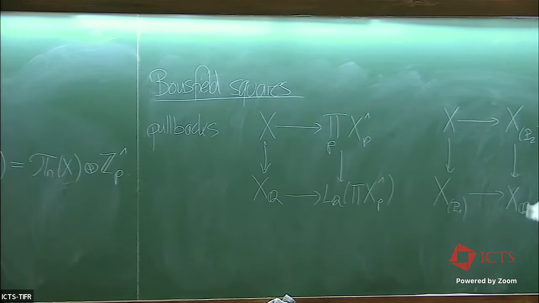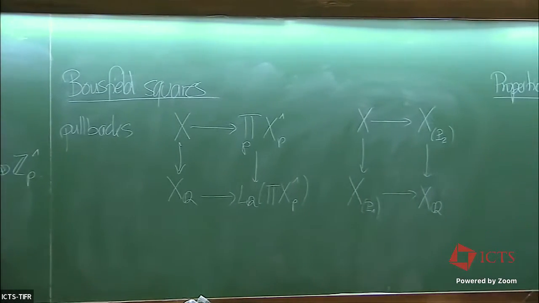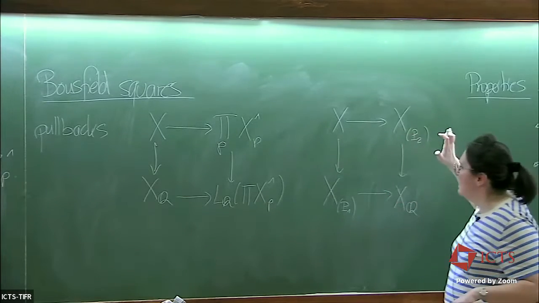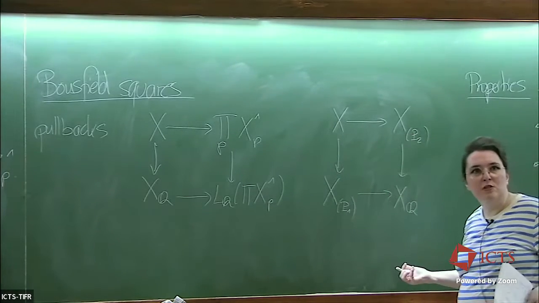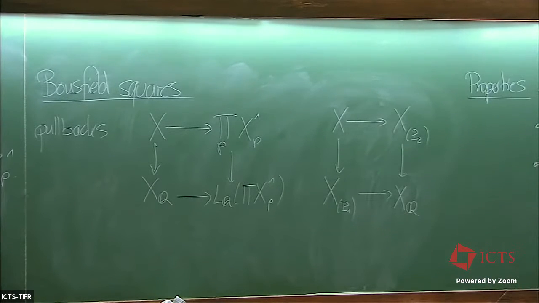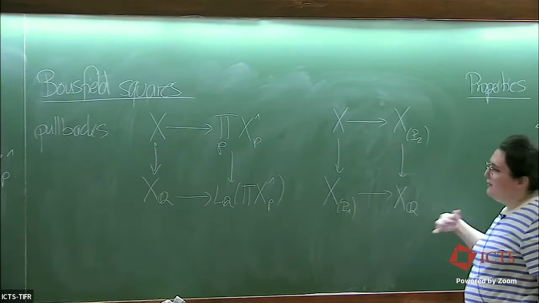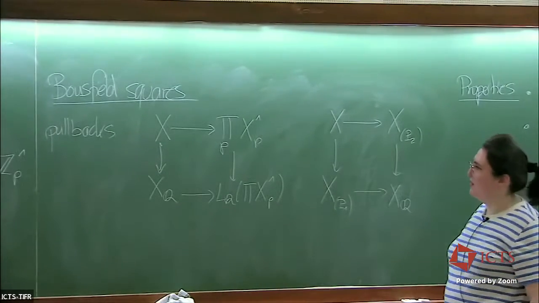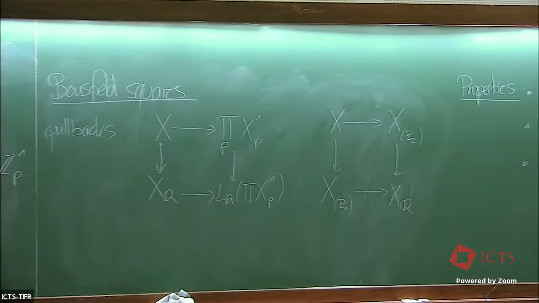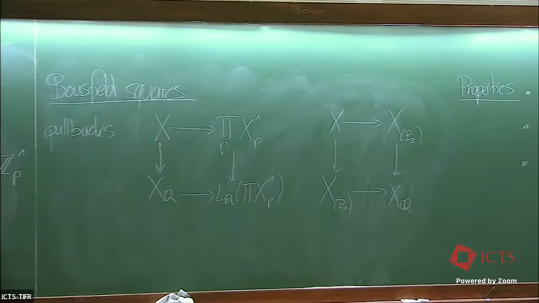So I'm not going to introduce the notation because I will never actually do it, but you can also reassemble spectra from just knowing all the p-local pieces. So if you are an algebraist who's not at all topologically minded, then maybe the story really ends there, because you reassemble the integers from rational and p-local information, and that's it.